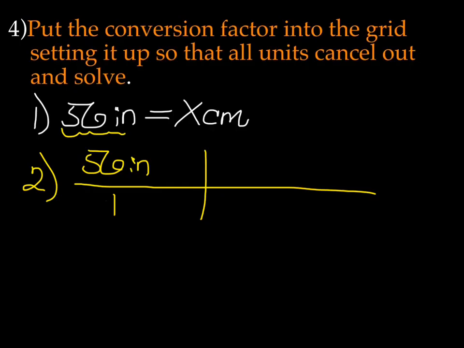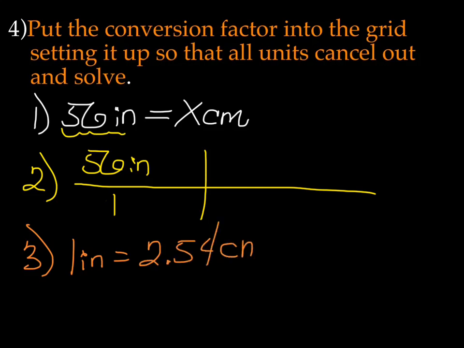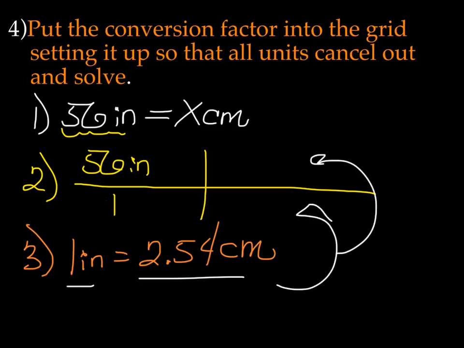All right, so we're on to step 4, which is to put the conversion factor into the grid, setting it up so all units cancel out, and then solve. So let me jot down that conversion factor from step 3 that we picked. And we picked 1 inch equals 2.54 centimeters. All right, so what we need to do now is we need to take this number and unit and this number and unit, and it needs to go into these two places.